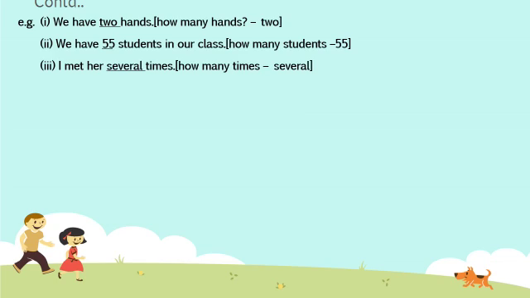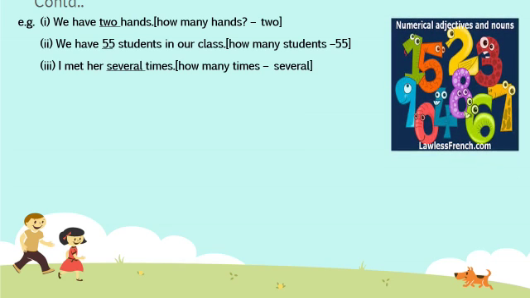Now here the word several does not count in numbers, but it automatically answers the question how many times. I have met her several times. You have not counted, but you cannot say how much time. How much time have you met? No. How many times have you met? I have met her several times. So something which you can count comes in the adjective of number.